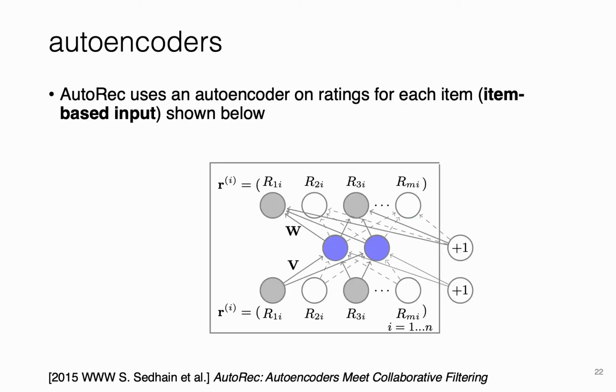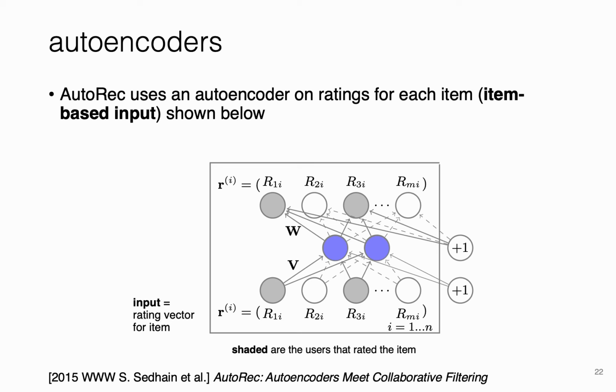Let's now see how autoencoders apply to collaborative filtering. The simplest way to apply them is to learn a representation, the embeddings of items. We call this scenario the item-based input because the input is all we know about an item. That is, the ratings from all users of the specific item. In other words, it is a column of the ratings matrix.